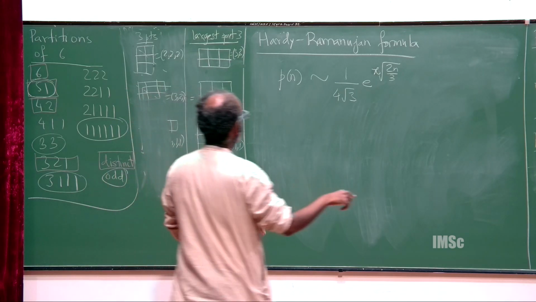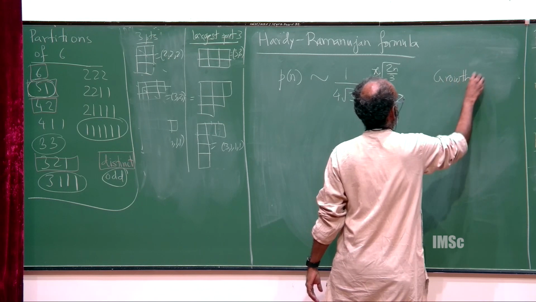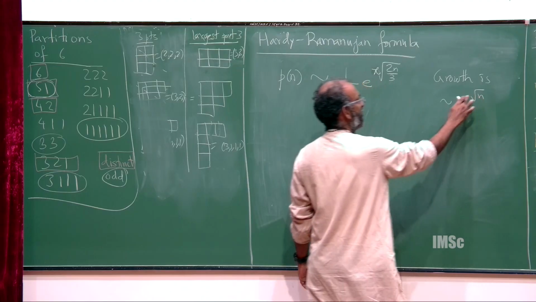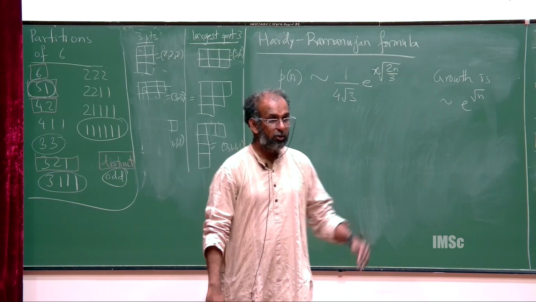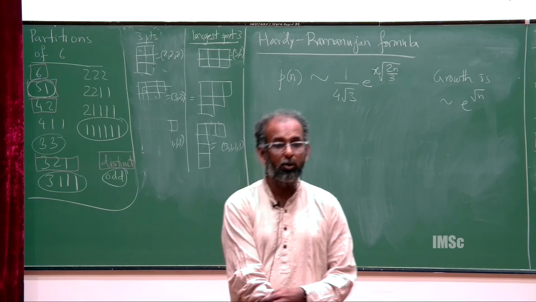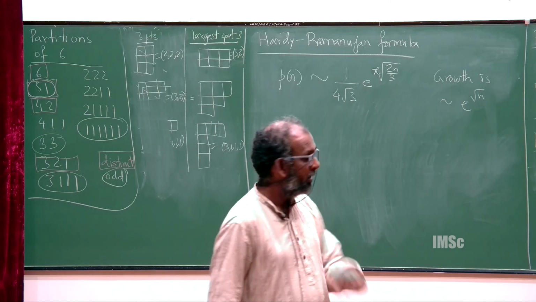You see, so the growth is like e to the square root of n, if you forget the constants. So it grows faster than any polynomial, but it grows slower than the exponential function. Okay.